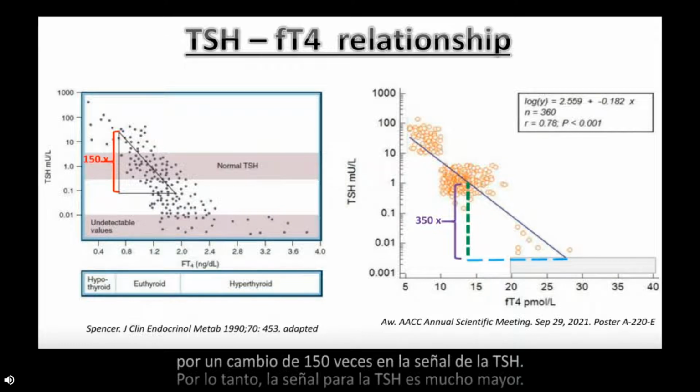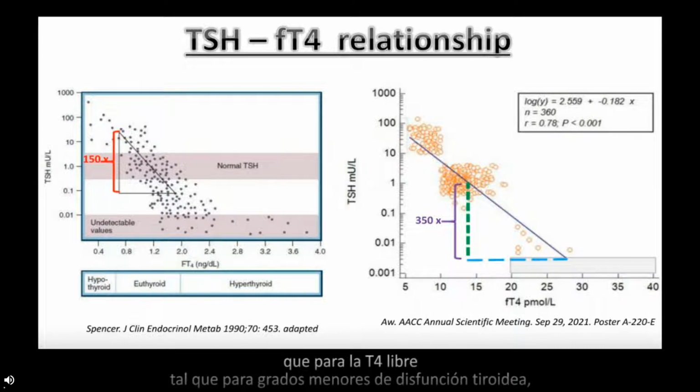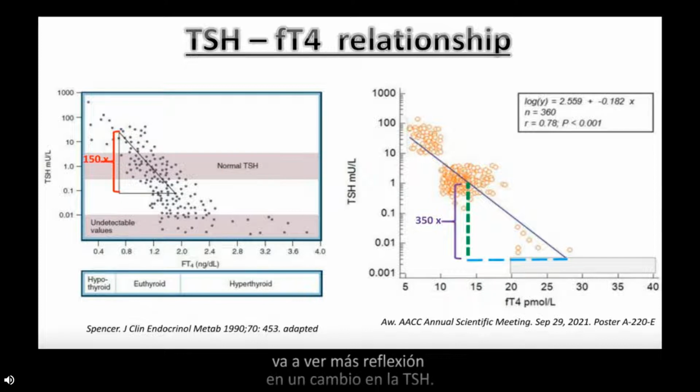Thus, the signal for TSH is so much greater than that for free T4, such that for minor degrees of thyroid dysfunction, you are going to see more of a reflection in a change in TSH.